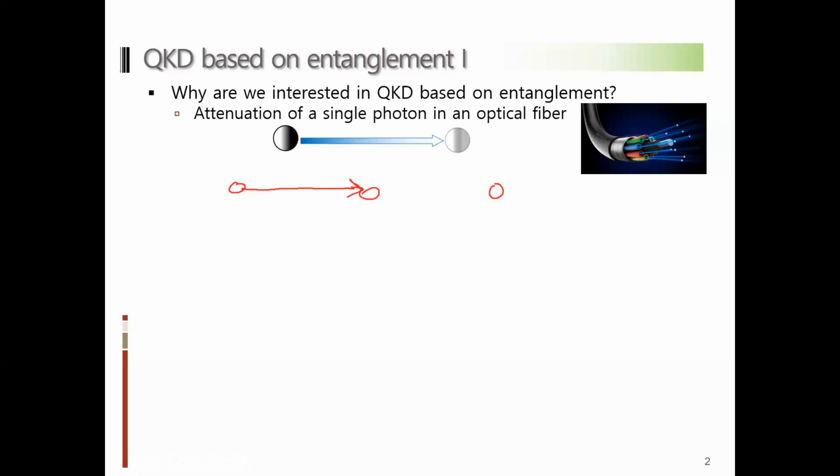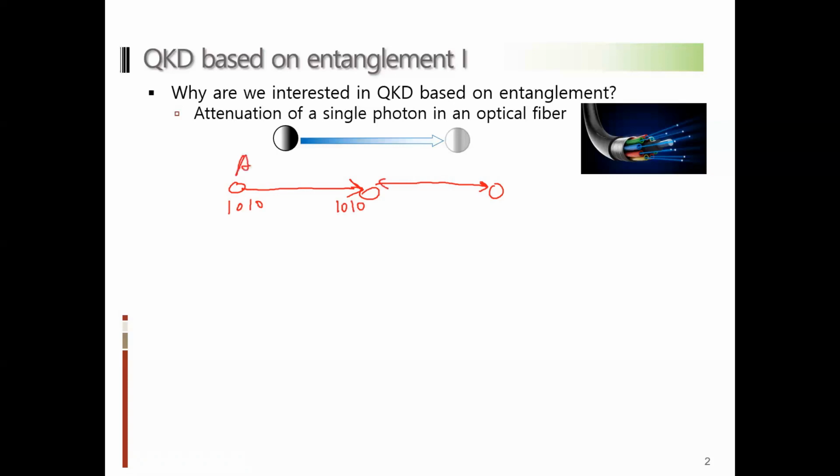You also send another photon, and they create a key. So there will be one pair of keys, let's say a sequence 1010, and the other side will have the same sequence.